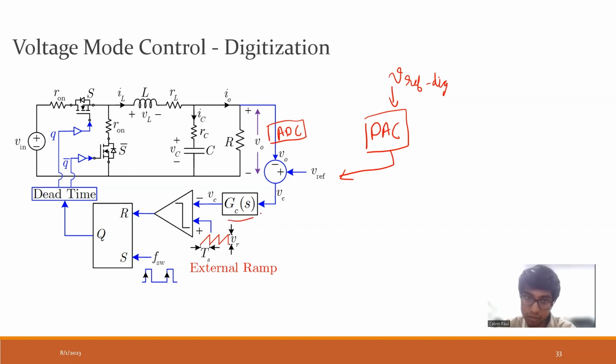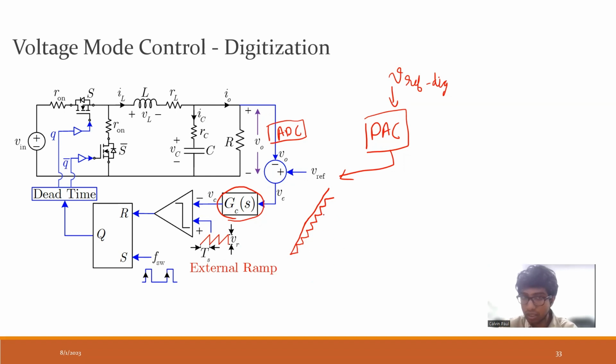This also has to be converted to digital, then it has to be compared with a digital value. So this ramp also will become digital. A digital ramp is implemented by a staircase. Analog ramp is just a straight line, but a digital ramp is implemented as a staircase.